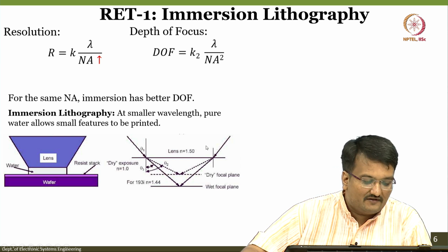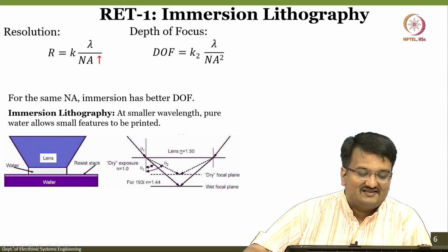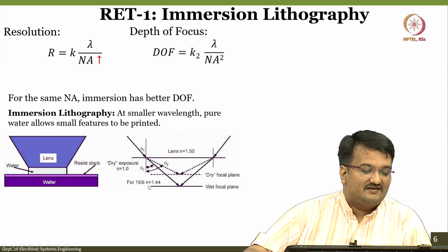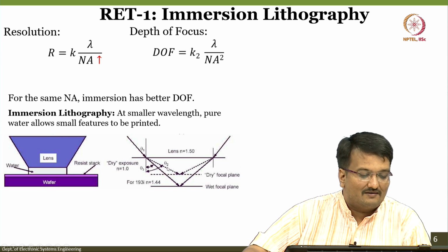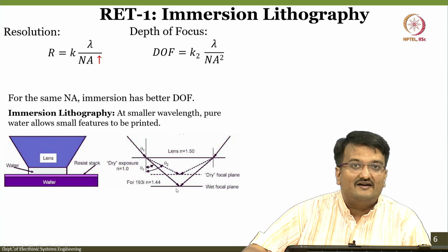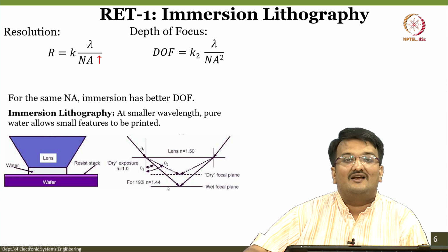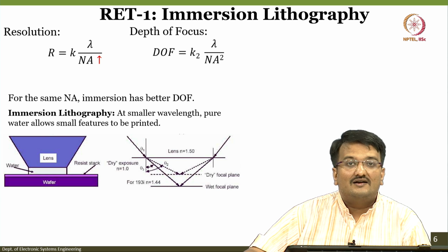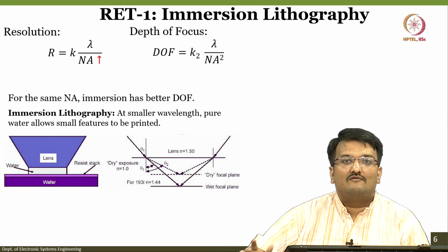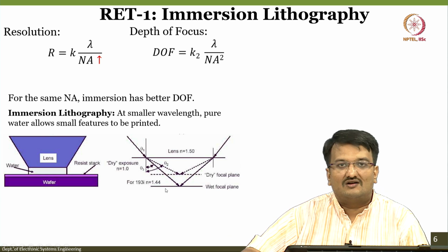As a result, you see the lens refractive index is 1.5, whereas here it is 1.44. There are 2 examples also provided, that instead of a dry focal plane, which comes much earlier, you can extend it to a further dimension, which will ultimately help in deciding where your wafer should be and what the distance should be, and there are many more considerations.